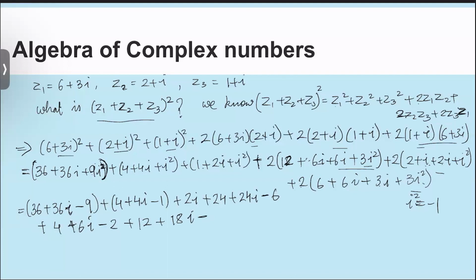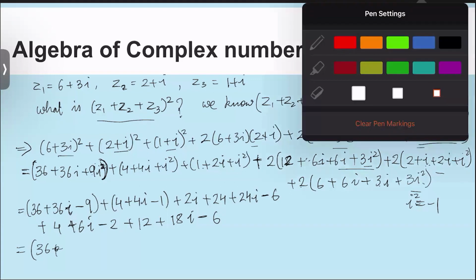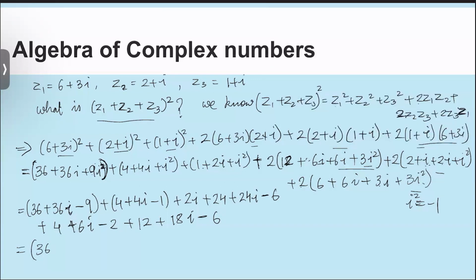Okay, now we try to do what we've done before. So we take all the real numbers to one side. So we have 36. Over here you have minus 9. Okay, then you have plus 4. Over here minus 1.